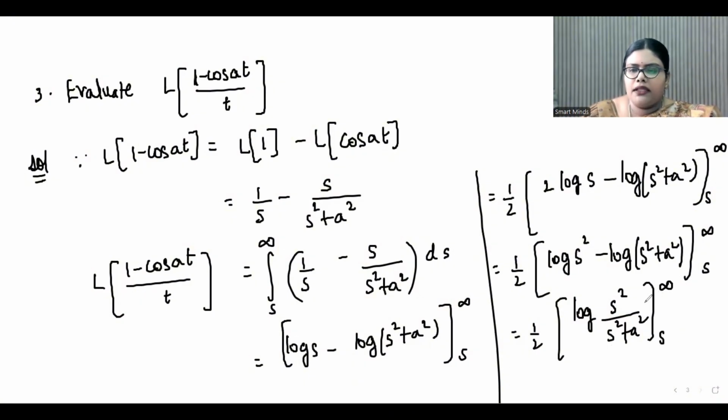Now let us apply the limits. Now if I divide the whole by s square, we will get log 1 by 1 plus a square by s square from s to infinity.